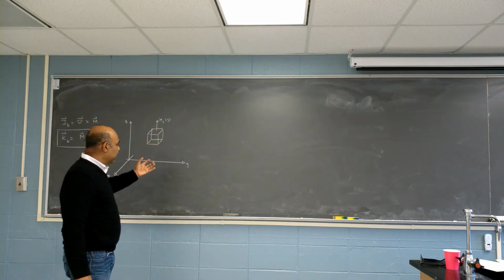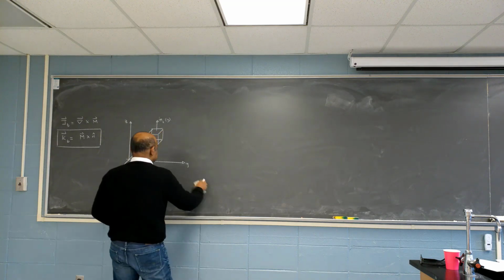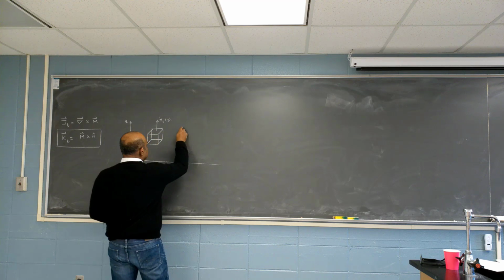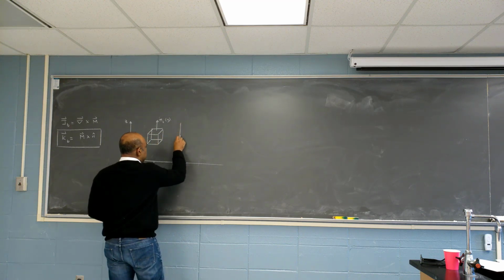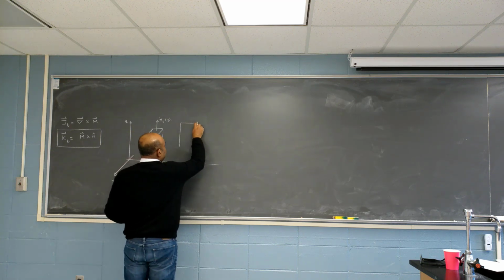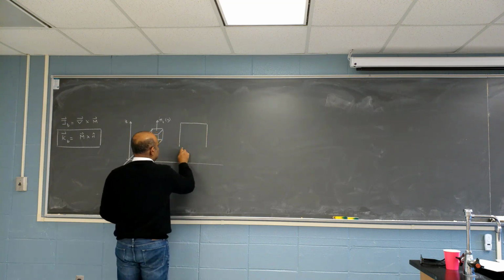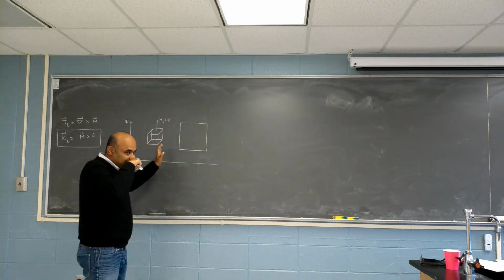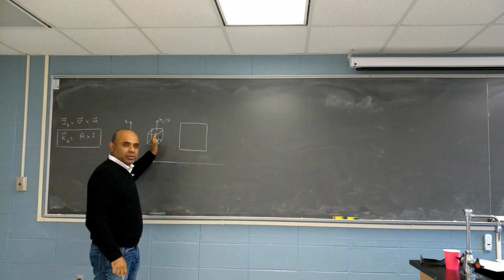First of all, I won't make them exactly adjacent because it's hard to draw the diagram. So I'm going to make it a little further away. And I'm going to make the rectangle bigger. Why am I drawing the rectangle bigger? Suggesting that slightly away, m is larger than this guy.